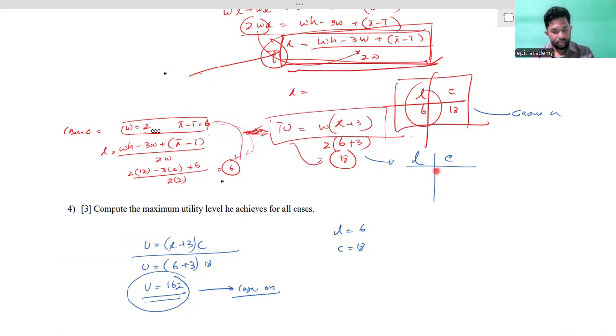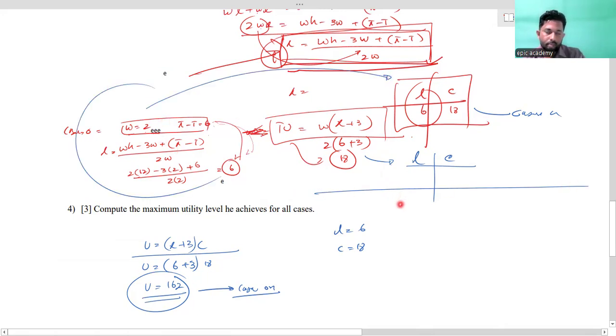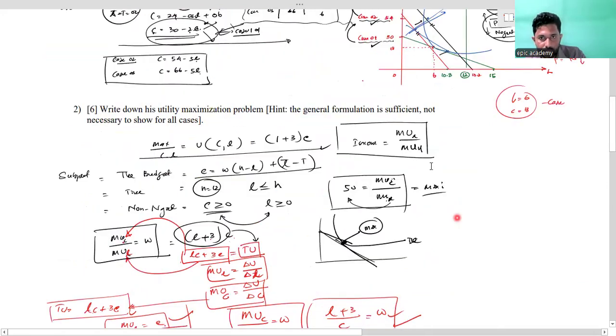Did you calculate it? No, I didn't know how to calculate it. I couldn't do it. Okay, then let's move on to calculate this. This one is related to case number one. We already identified the L value and C value for case number one. That is what we put in here.